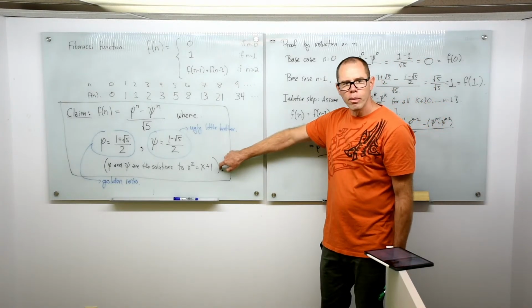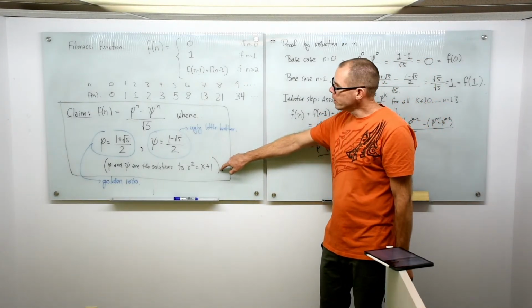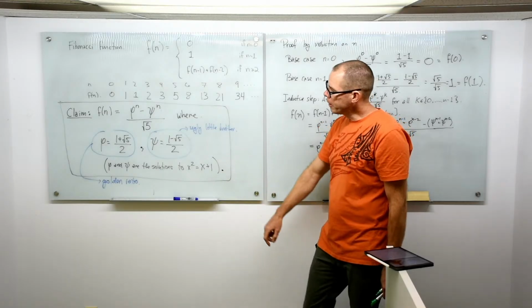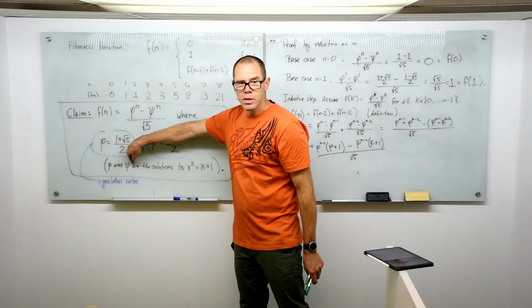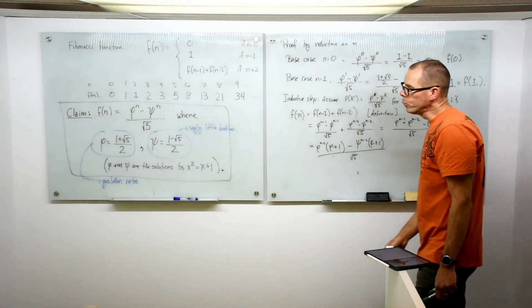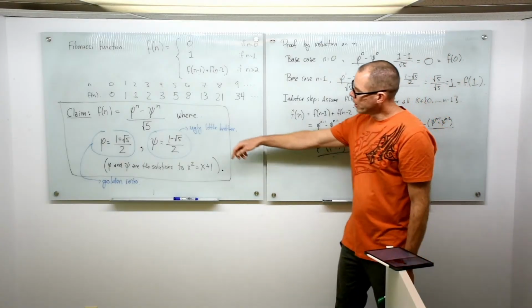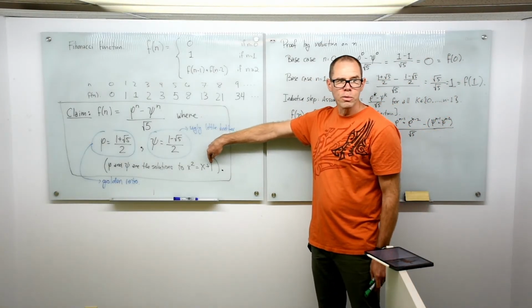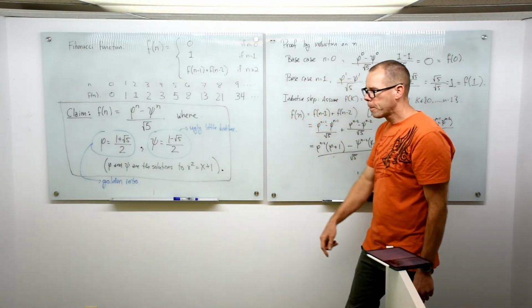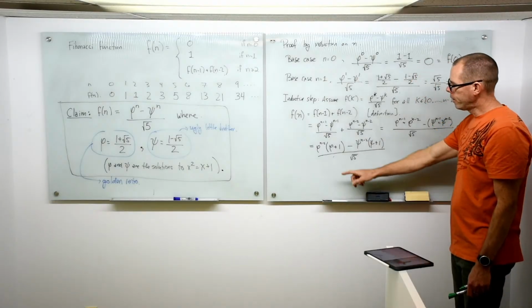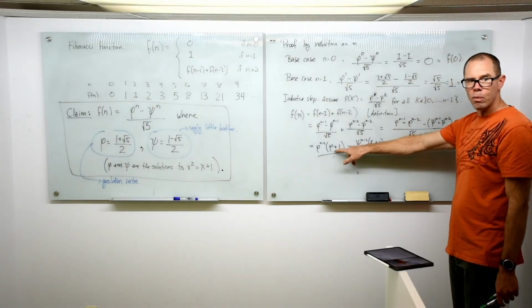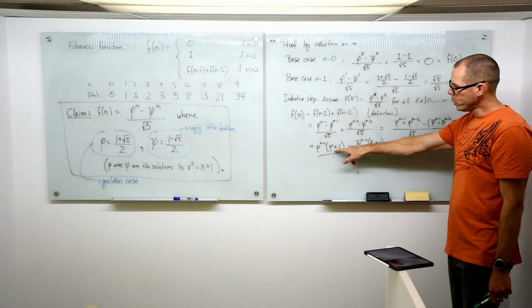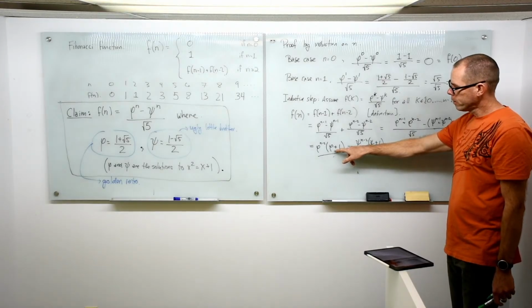Now, I pointed out while I wrote this formula, or wrote this claim, that actually phi and psi are the two solutions to the quadratic equation x squared equals x plus 1. So here's x plus 1, which is equal to x squared. Right?